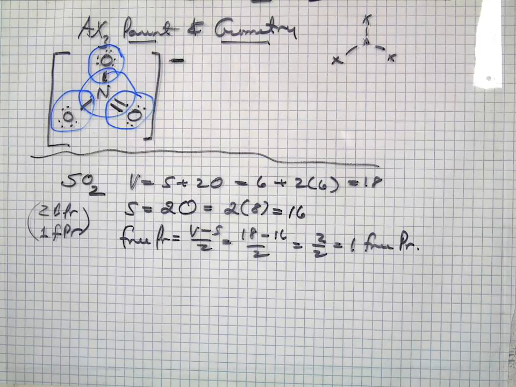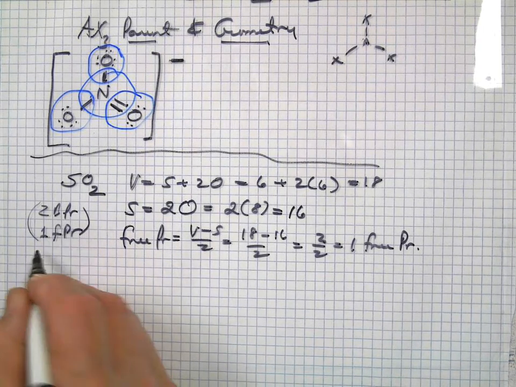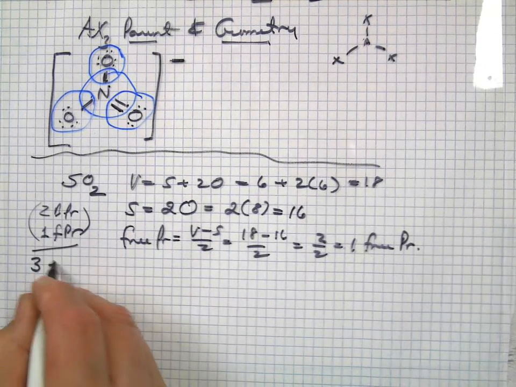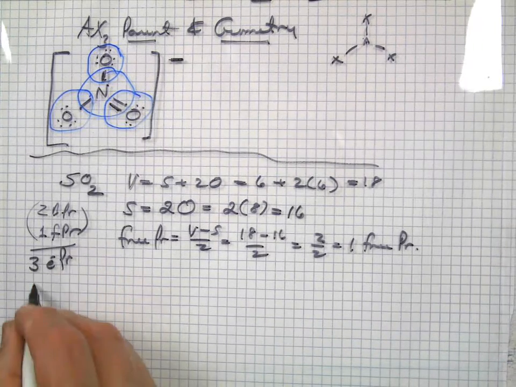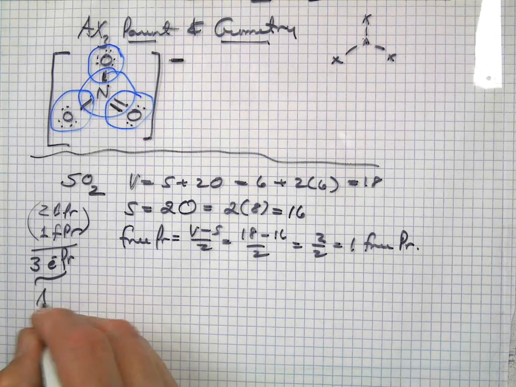All of the molecules we're working on right now are AX3s. Now, what does that mean? AX3s mean 3 electron pairs, not 3 substrates. The primary focal point of this is how are the electron pairs arranged around the central element. So you have 2 bonded pairs plus 1 free pair gives you 3 electron pairs total, which is consistent with the AX3 parent.